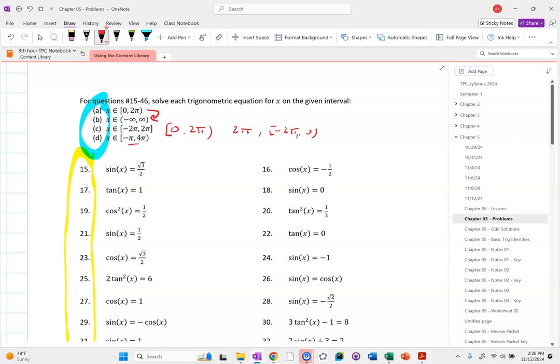And then on this one, you've already done from negative pi to 2 pi in the previous question. So you just take all the answers from the previous question that land there. And then all you have to check is from 2 pi to 4 pi for more answers.